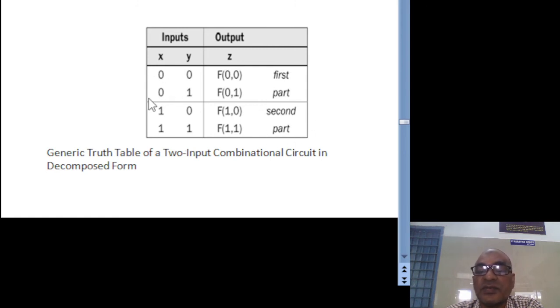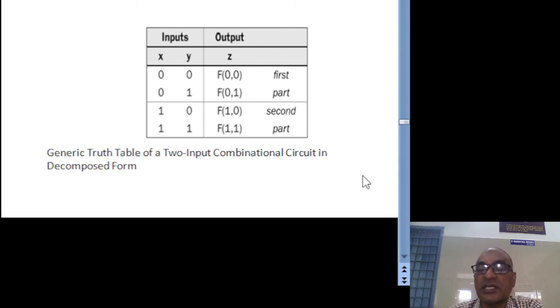Now the first part is realized by a 2x1 multiplexer. Similarly the second part is also realized by a 2x1 multiplexer, and finally using one more 2x1 multiplexer the two variable output can be obtained.